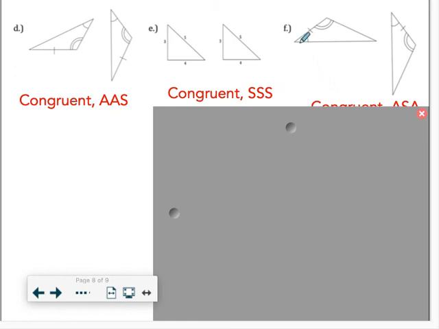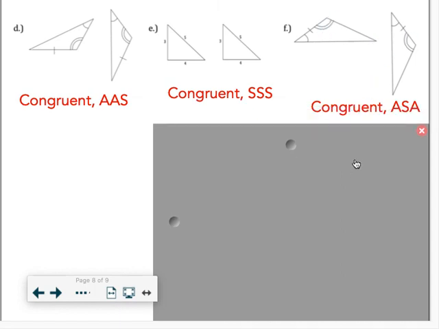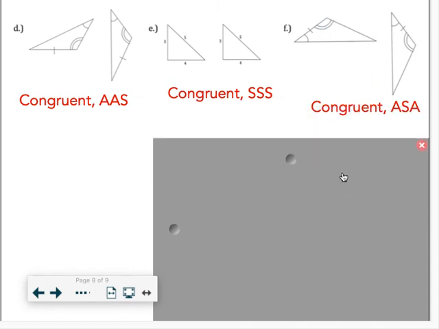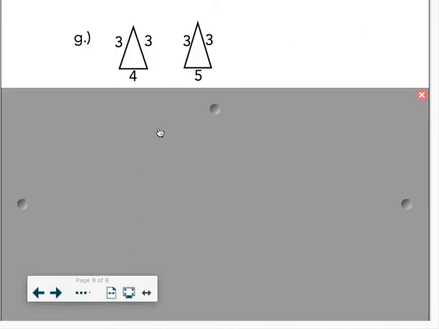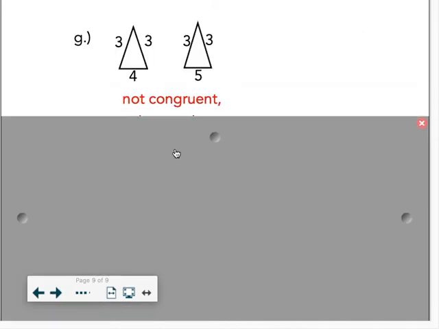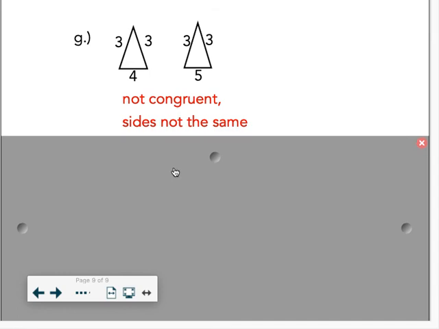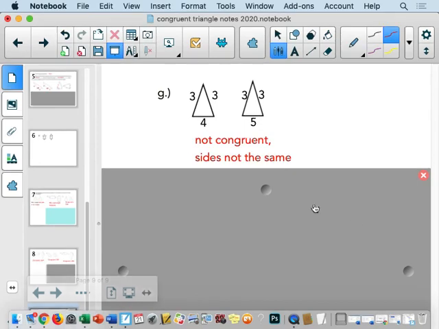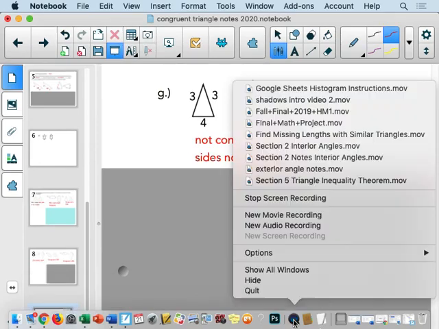On F, angle, side, angle and angle, side, angle. The markings are the same. They are congruent. And on G, this is an example of not congruent. The sides are not the same. That concludes our notes for section 6.